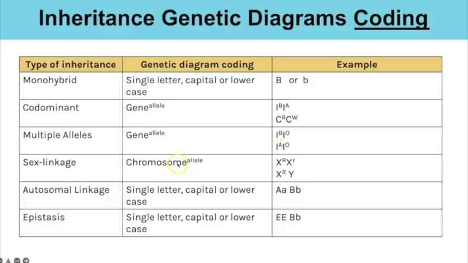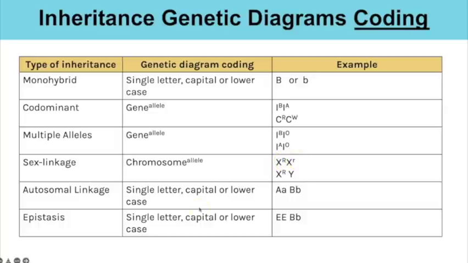For sex linkage, you have to represent this by showing, first of all, the X and Y chromosome, and in sex linkage the gene is only found on the X chromosome, so you'll only be drawing the allele on the X chromosome, not on the Y chromosome, but we still stick to capital for dominant, lowercase for recessive.